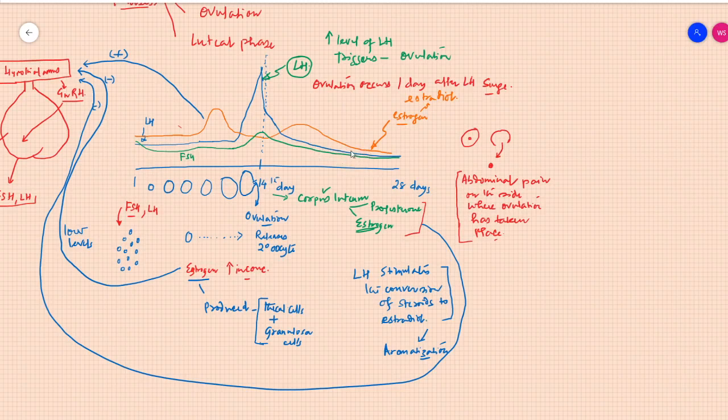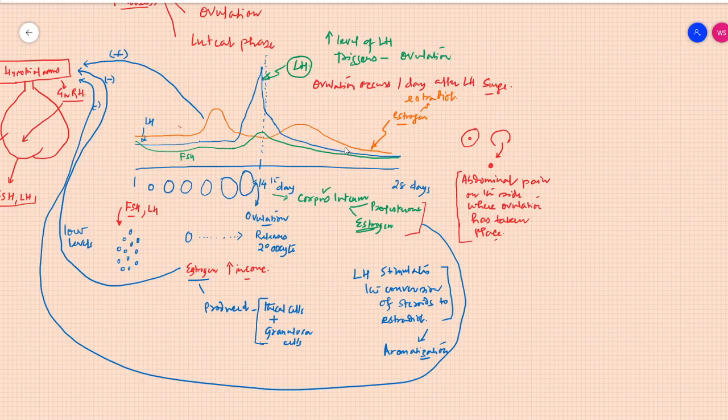at this low level of LH and FSH, because you see here it is higher than the concentration here. My drawing might not be very apparent, but these levels are lower than these levels here. So that cannot stimulate a fresh follicle to become a Graafian follicle.